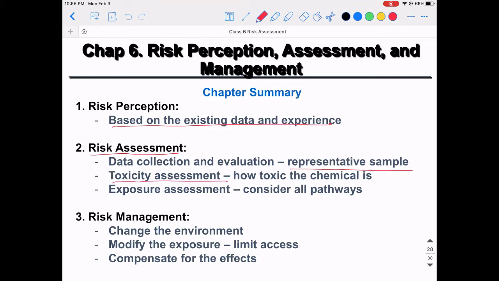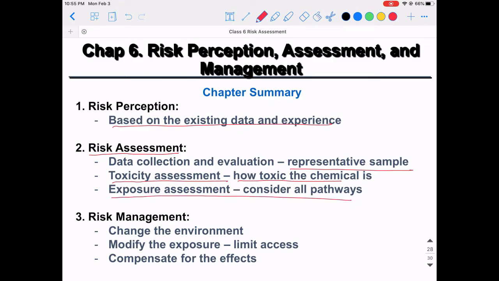So we need to consider the representative sample, right? So for toxicity assessment, we want to know how toxic the chemical is. We will conduct the animal test to determine the LD50, right?